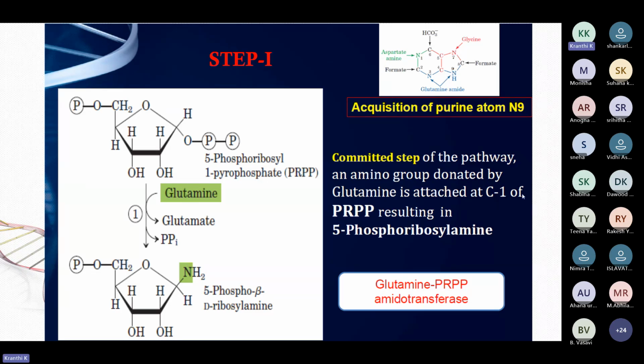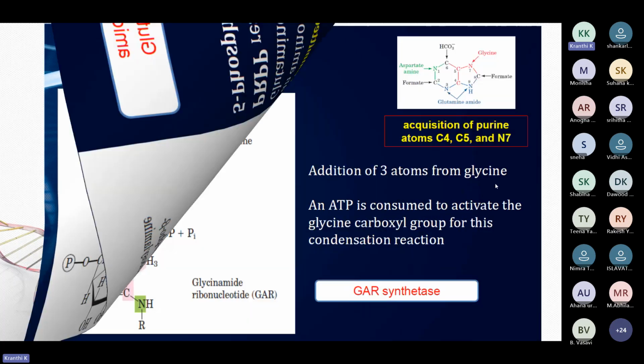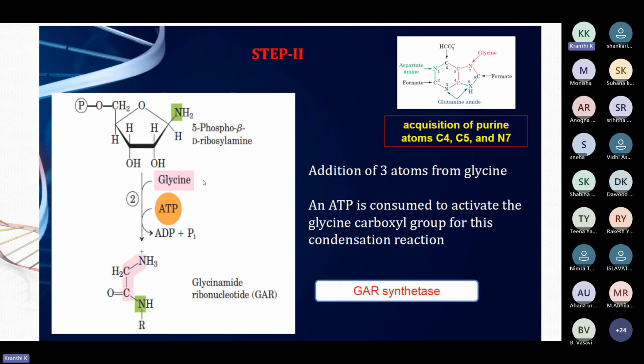So initially it added an amino group here. What is it? Glutamine here in the carbon C1 place. Then later in the second step, what is happening? Addition of three atoms from glycine. What are the three atoms here? Can you see?